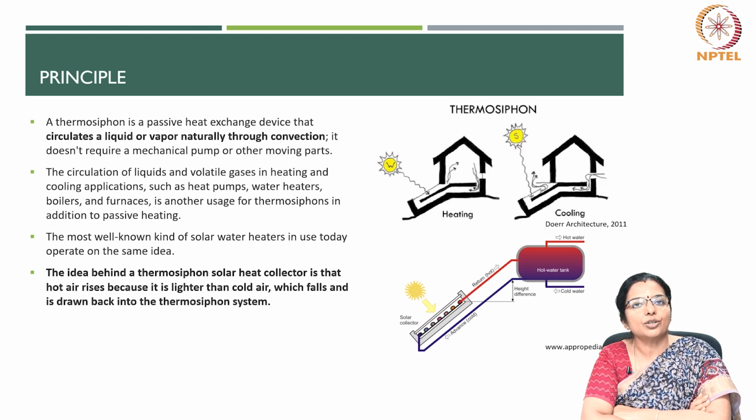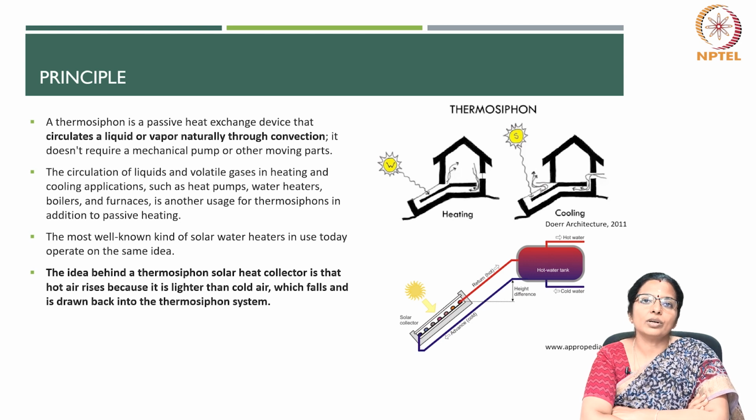The circulation of liquids and volatile gases in heating and cooling applications such as heat pumps, water heaters, boilers, and furnaces is yet another usage for thermosiphons in addition to passive heating. The most well-known kind of solar water heaters in use today operate on this idea.